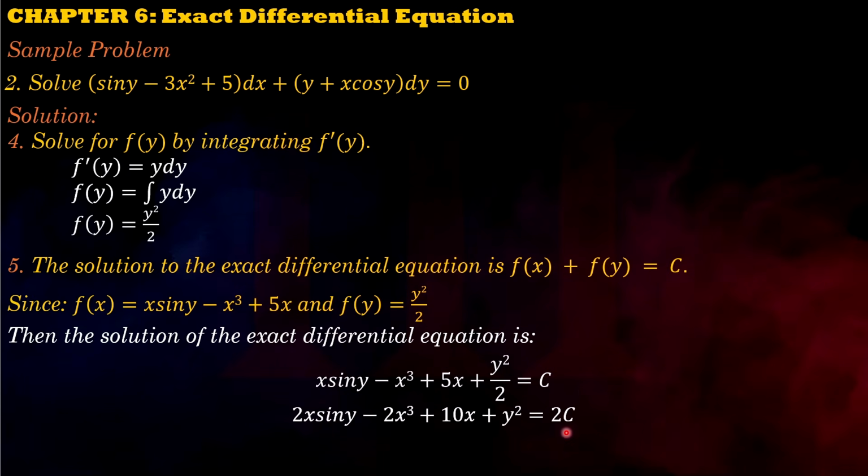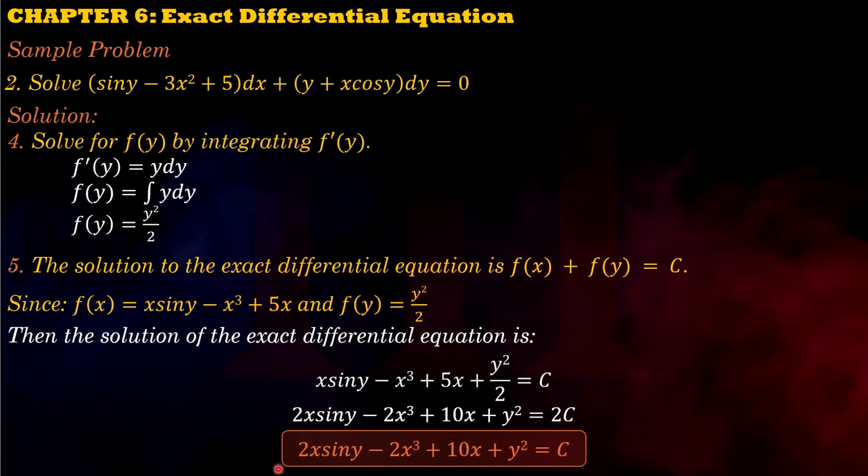But we all know that 2c is still a constant, so we can simplify further by doing so. So our general solution is simply 2x sin y minus 2x cubed plus 10x plus y squared equal to c. So this is our general solution for this exact differential equation.